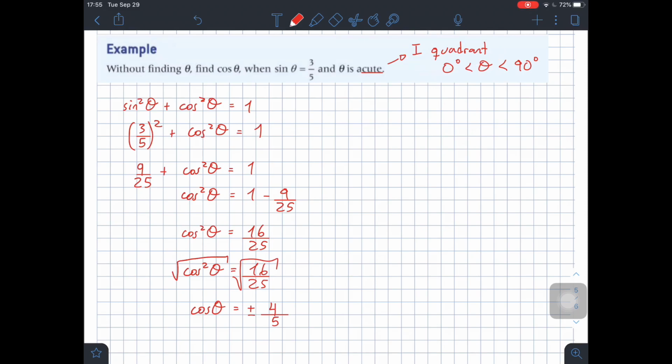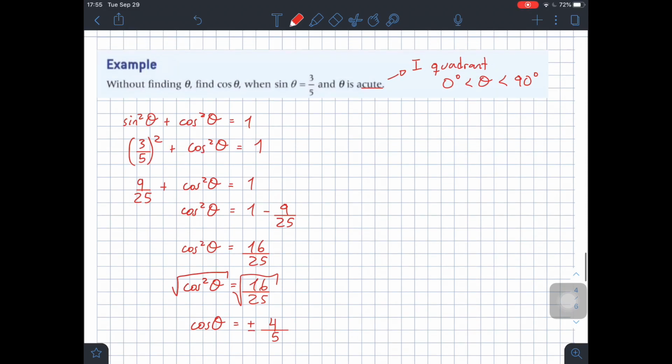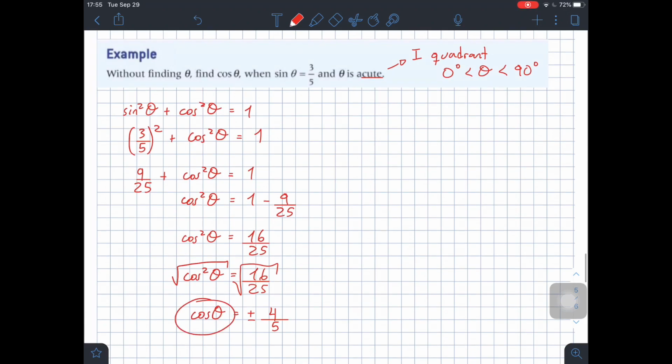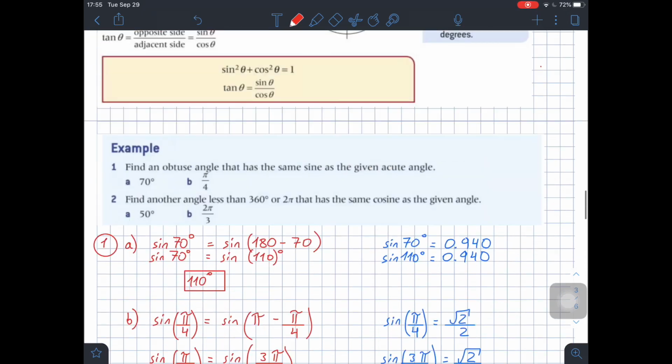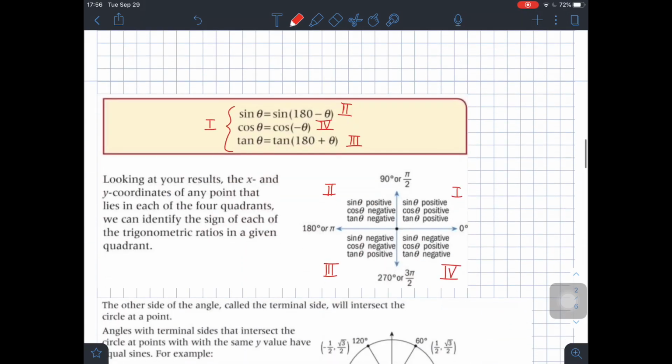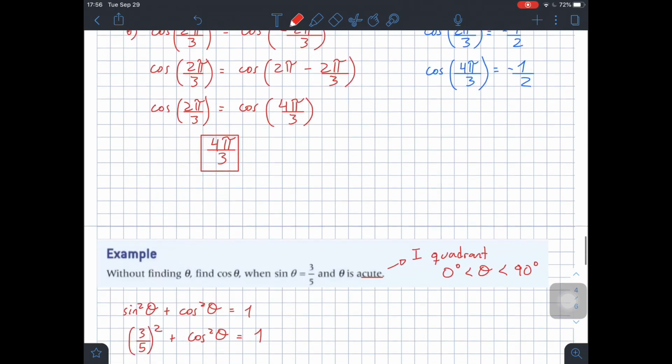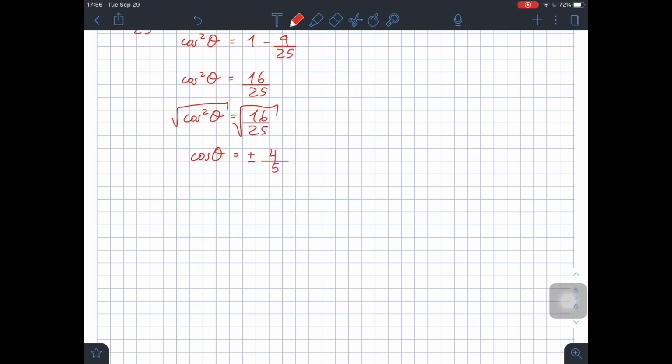And in the first quadrant, remember that all values of cosine and sine must be positive according to this part over here, right? Sine is positive, cosine is positive, tangent is positive. So for that reason, let me write that here, because we are in quadrant 1, cosine of theta must be equal to positive 4 over 5.